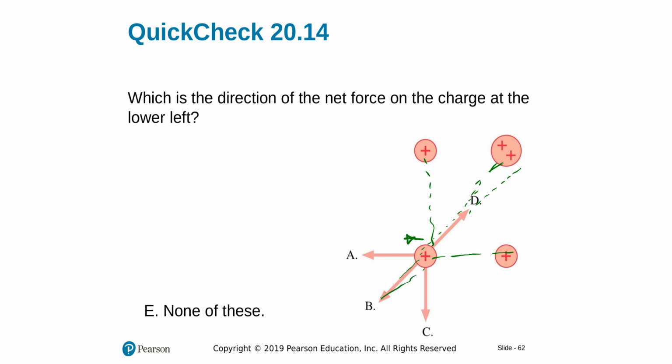Ooh, let me do that better. I'll redo that. So to find the direction of force, we always draw lines and combine them. What happened here? Got out of the system somehow.